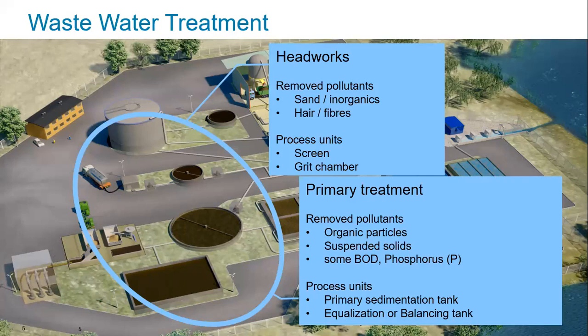So we're using things like screens, grit chambers, and other technologies to remove those large, heavy particles. We then move through to primary treatment. So that's another stage of removing organic particles, so removing slightly smaller elements, and we do get some treatment within the primary treatment step.